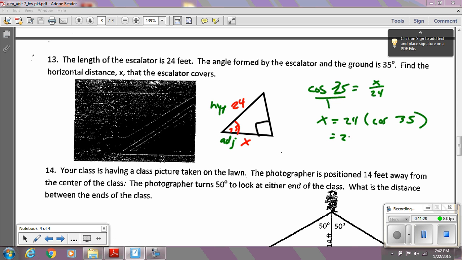Cosine of 35 is 0.8192, and multiply that with 24 and you would get about 19.66 feet.